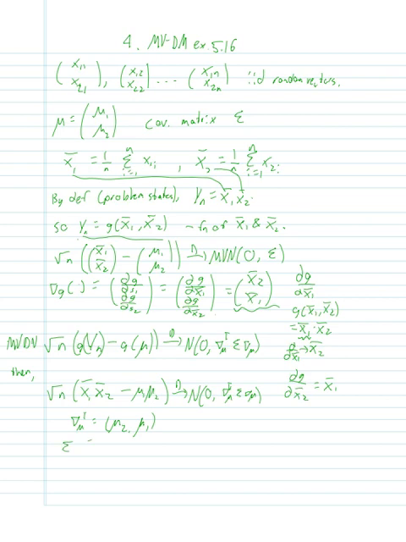We have the covariance matrix, which isn't actually given in the problem, which is kind of funny. And we have the gradient vector, which is mu2, mu1.